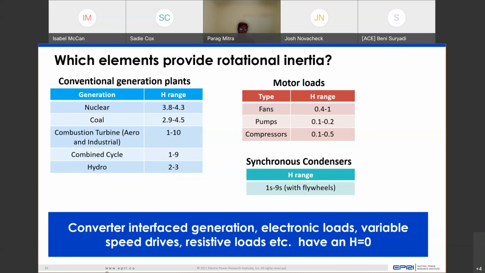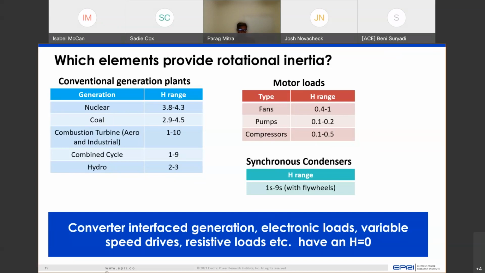Now, what doesn't provide inertia to a system? All the generation that is converter interfaced, so things like wind units, PV plants, or energy storage interfaced through a converter, do not provide any inertia to the system. Electronic loads like televisions or LED lamps do not provide any inertia either. Variable speed drives, which may run a lot of motoring loads these days, again do not provide any inertia to the system.